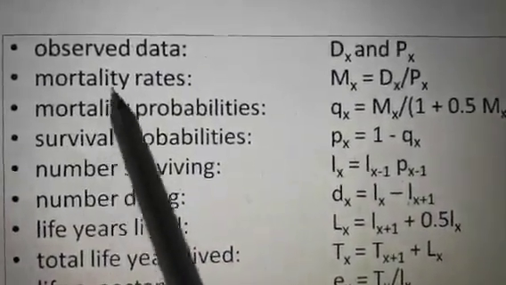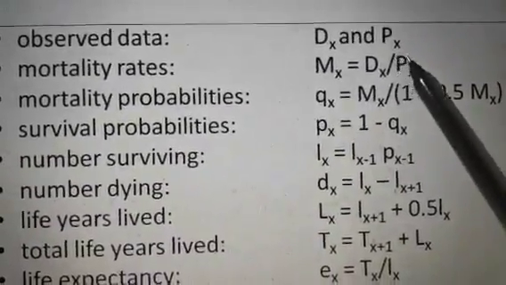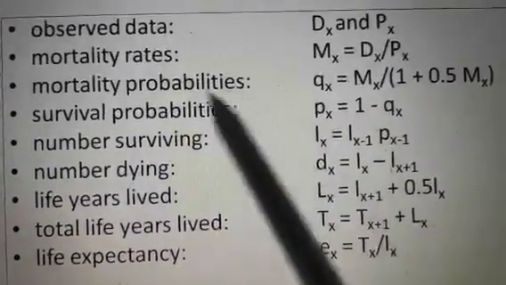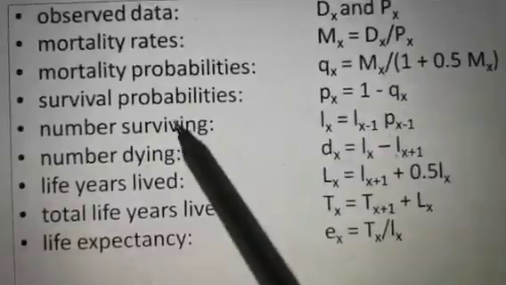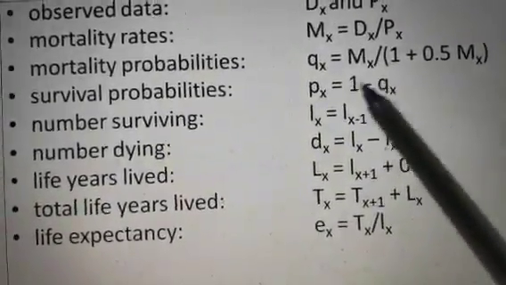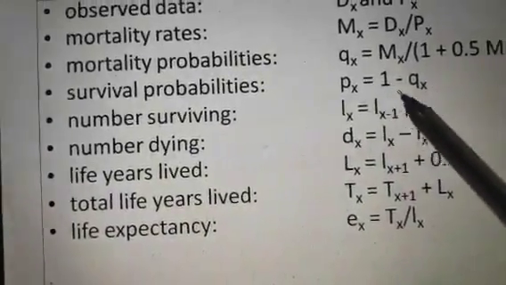So first you can see that the observed data are dx and px, deaths and population. Mortality rate is mx, dx by px. I have already told you all this separately. There are mortality probabilities, where this is the indicator. Survival probabilities, this is the indicator, px = 1 minus qx.